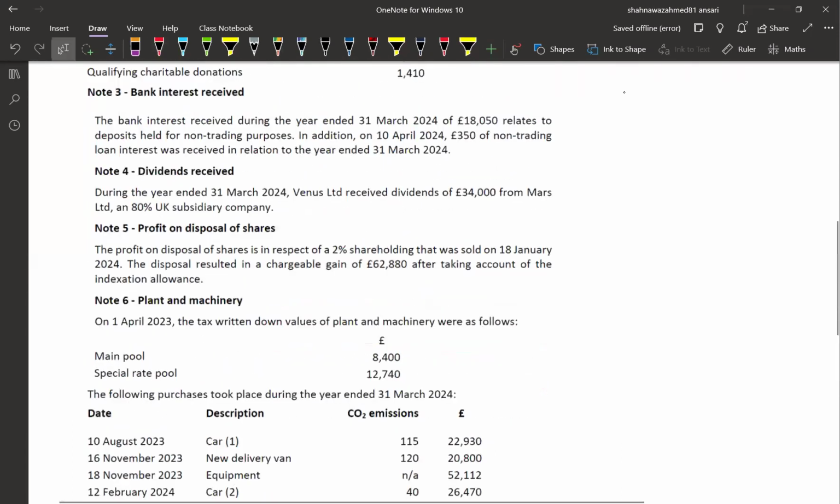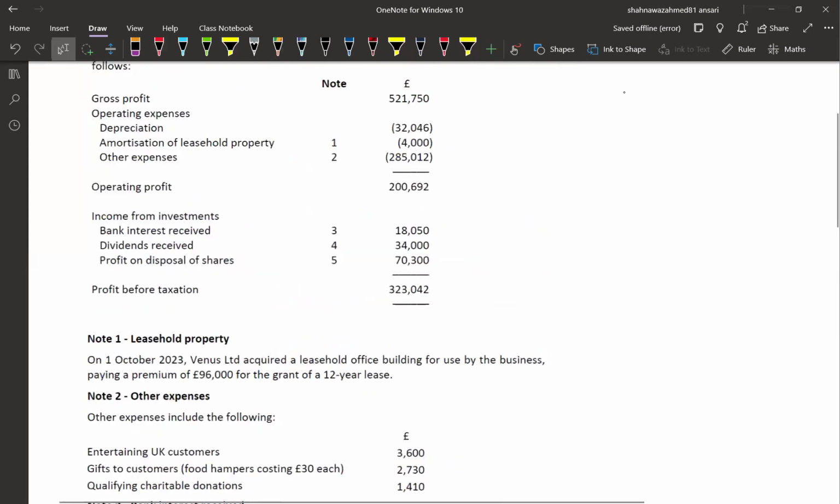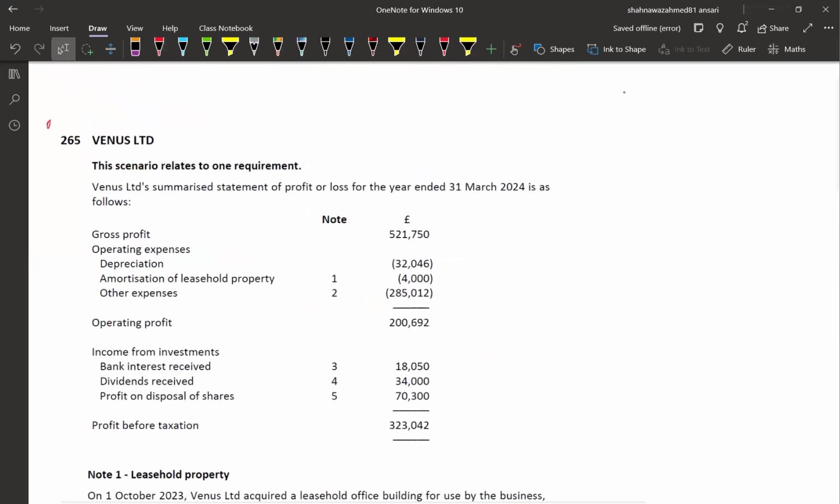So let's first discuss the question, and let's prepare a pro forma as well. So operating profit here is 200,692.